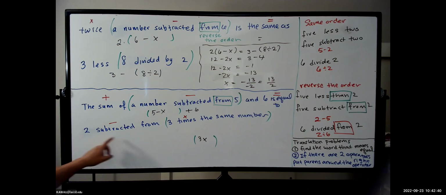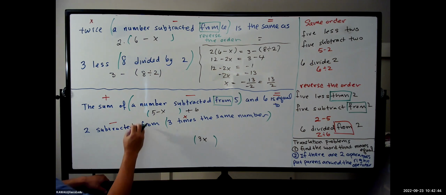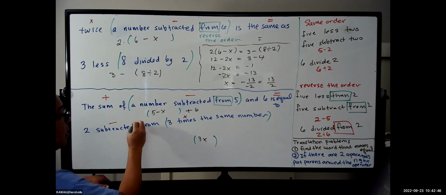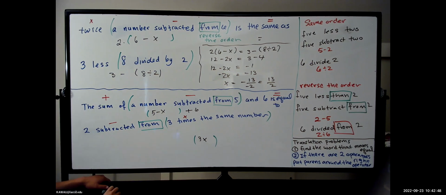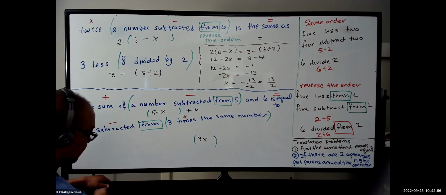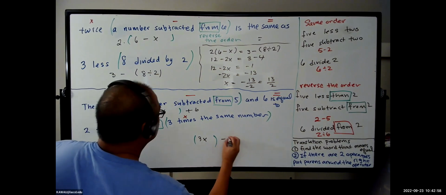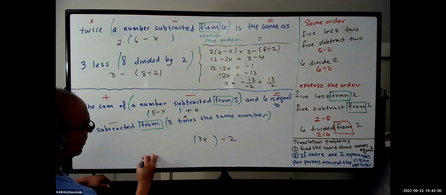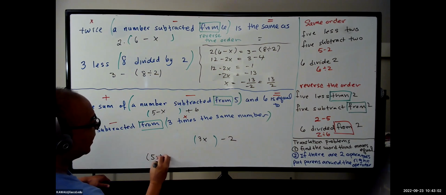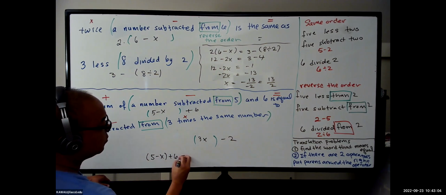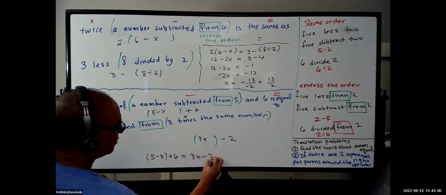And then subtracted from 2. So this has the word from. So we're going to reverse the order. So instead of 2 minus this, we're going to do this minus 2. So we end up with 5 minus x plus 6 is equal to 3x minus 2.